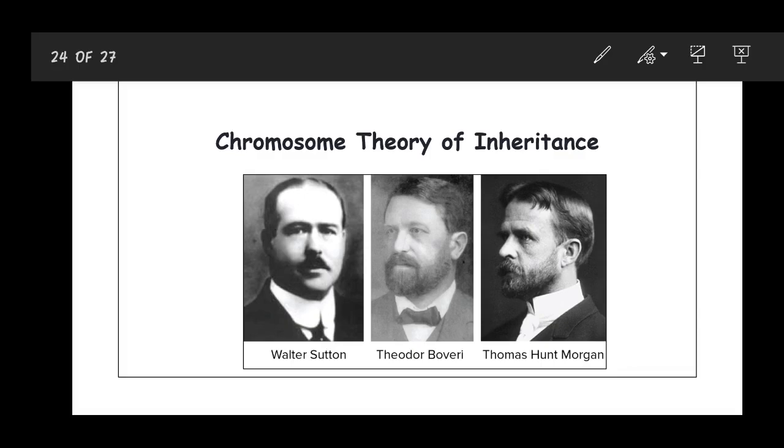In 1902, two investigators, Walter S. Sutton, an American geneticist, and Theodore Boveri, a German cytologist, independently suggested a hypothesis that genes are located on chromosomes. Their arguments were based on the parallel behavior of Mendelian factors and chromosomes during meiosis and fertilization.